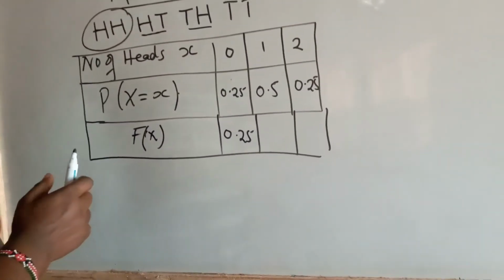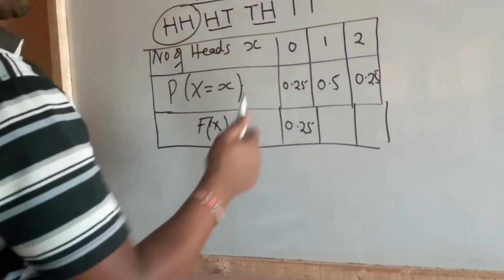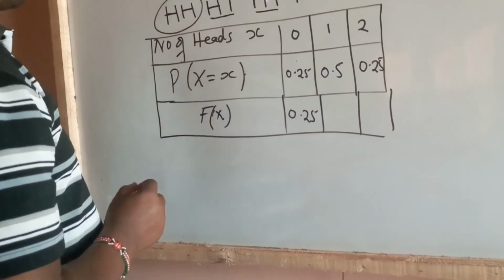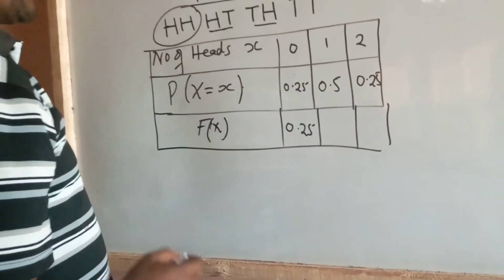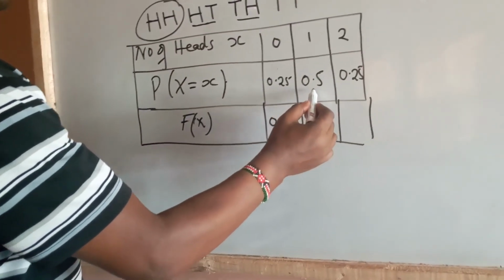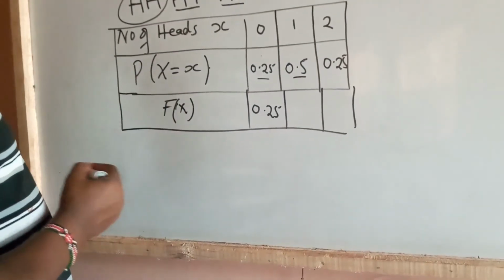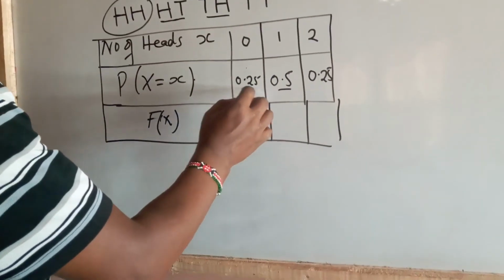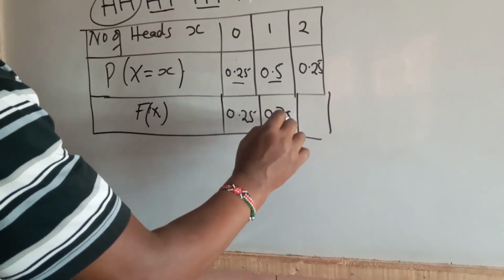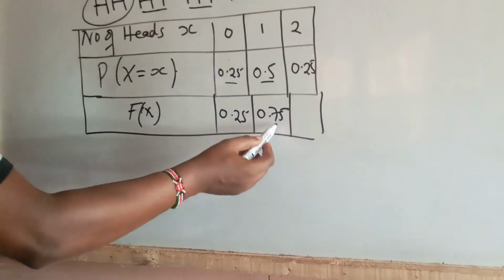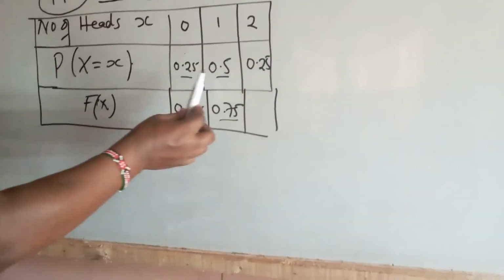That means we are allowing our X to be 0, so we are accommodating both values 0 and 1. That means the probability is the sum of this and this, because both of them are inclusive. So 0.25 plus 0.5 is 0.75. And if you look at this value, 0.75 is the sum of this plus this.